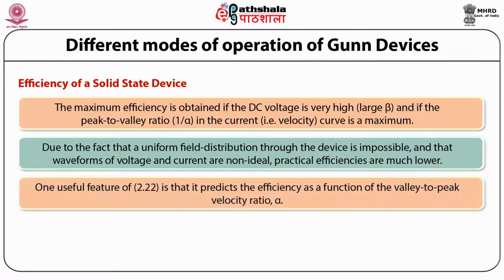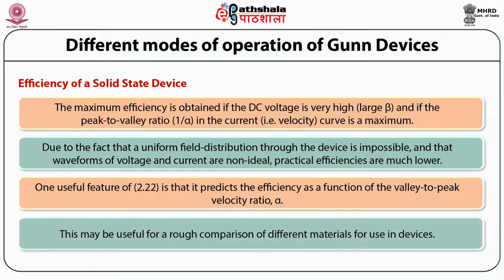So the important feature of the expression of efficiency is that it predicts the efficiency as a function of the valley to peak velocity ratio alpha. This may be useful for a rough comparison of different materials for use in devices.